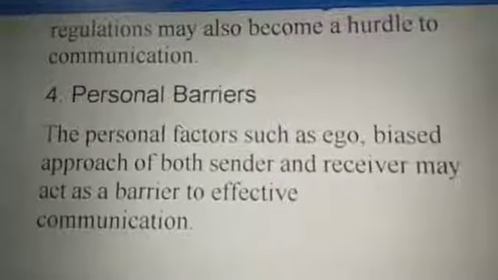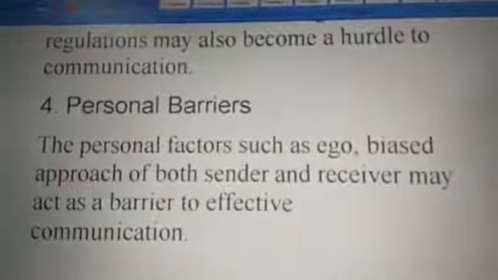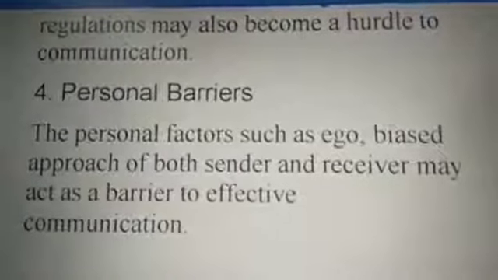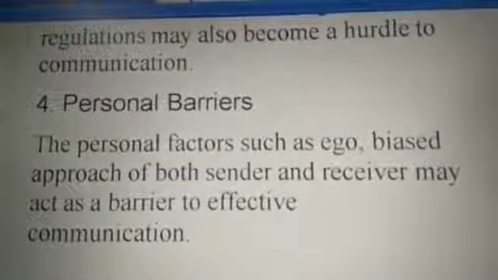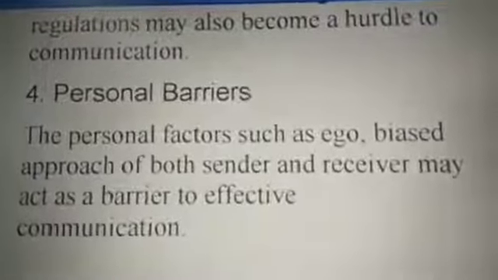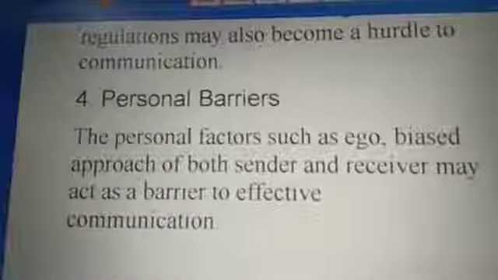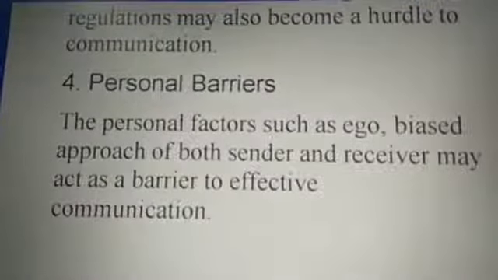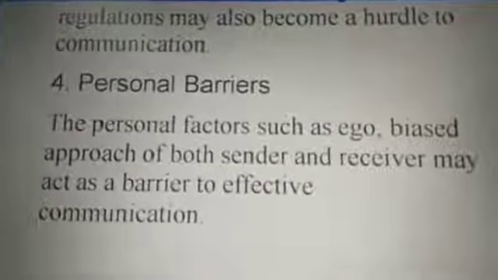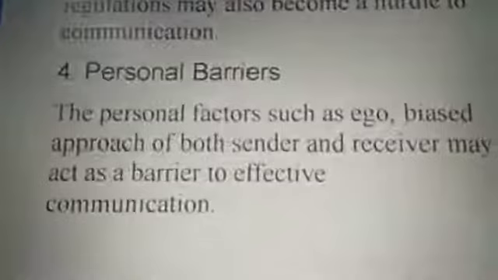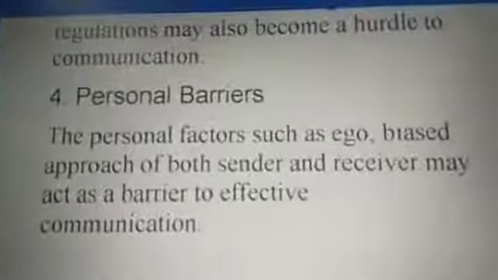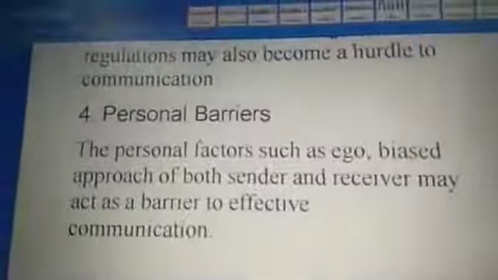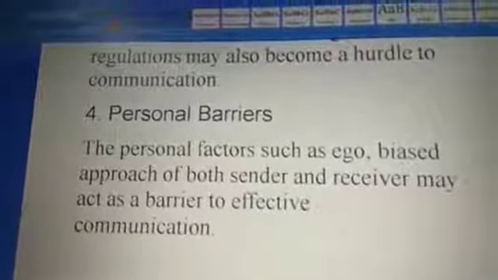So it is very important to break these barriers. The employees must not be biased, and they must not have any ego. Only then can the bosses of the company ensure free flow of communication, and only then will the process of communication flow properly, smoothly and openly.